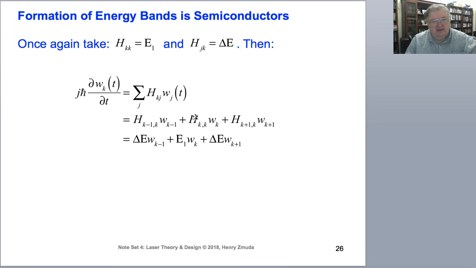Its value of energy is HKK. On this side, I have HK plus 1 for delta energy. On this one, I have HK minus 1 for delta energy. So I have E1 for HKK, and since they're identical atoms and nearest neighbors, I assume the minus 1 and plus 1 terms both have delta E.